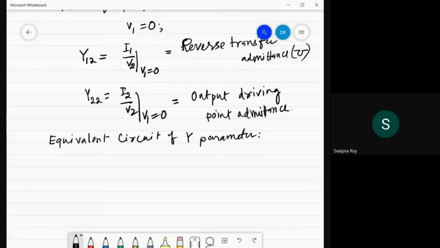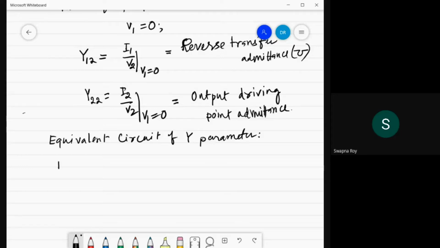There are two types of equivalent circuits, like in Z parameter. One is one generator equivalent circuit, another one is two generator equivalent circuit. So what was the equation?